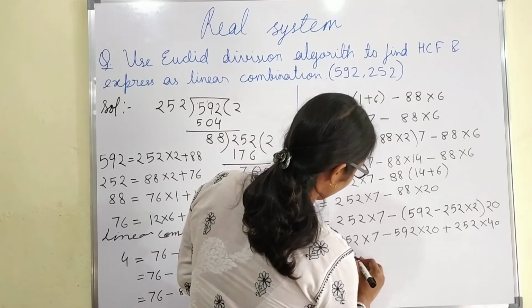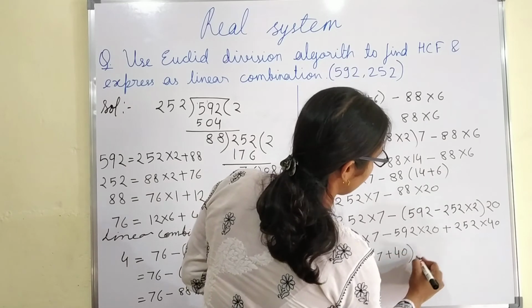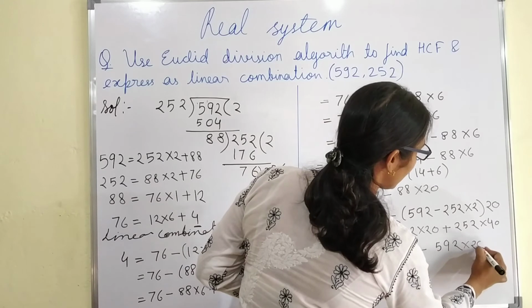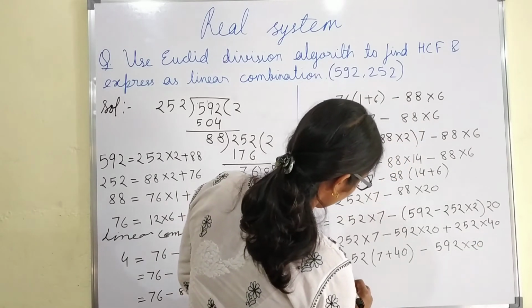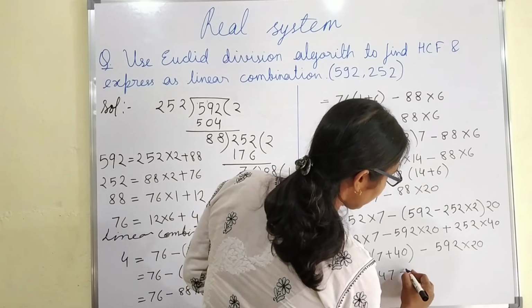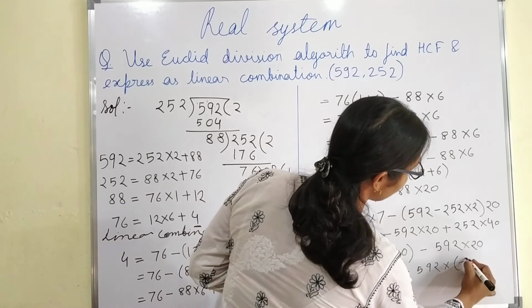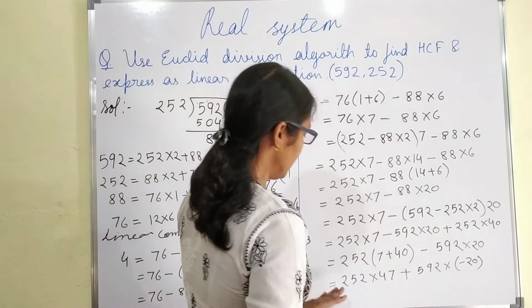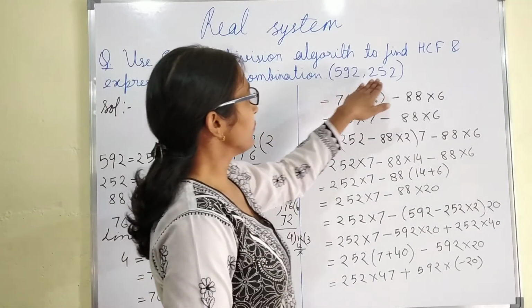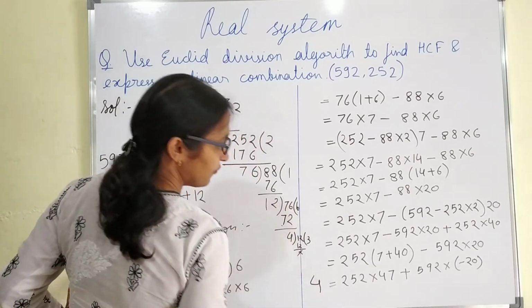So 252 into 7 plus 40 minus 592 into 20. So 252 into 47 plus 592 into minus 20. So it is a linear combination of these two numbers equals to 4.